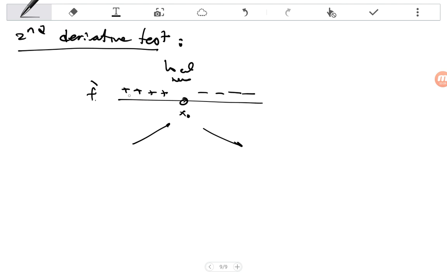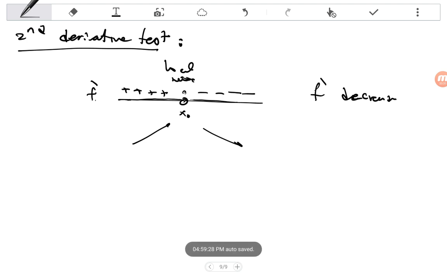When it is moving like this, it is positive, then it is 0 or does not exist, then it becomes negative. So on its way, is it increasing or decreasing? It is decreasing. So for a local maximum, f dash is decreasing about it.